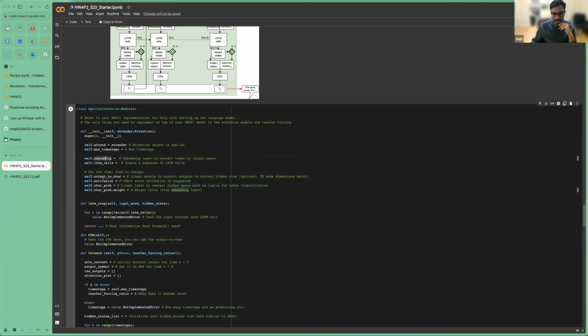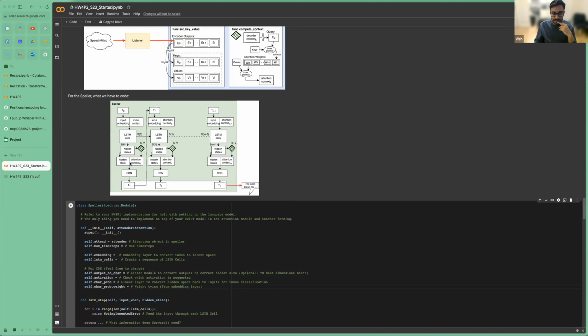The reason we have this is that weight tying, as you might notice in homework 4P1, makes your embedding layer and your classification layer share the same weight matrix. If you have to do that, they're supposed to have the same dimensions, right?